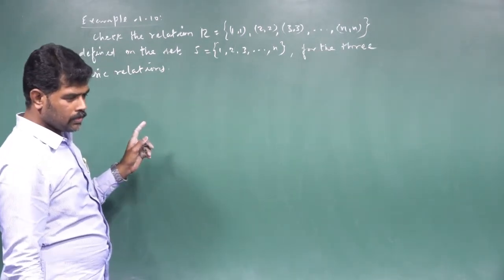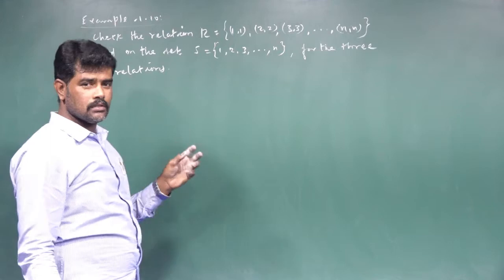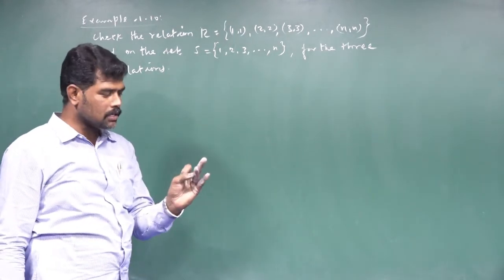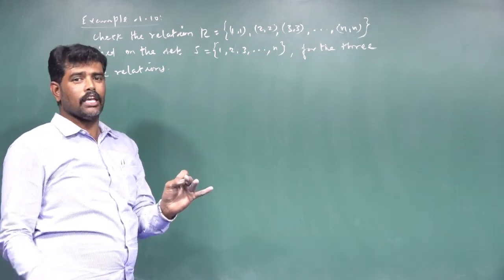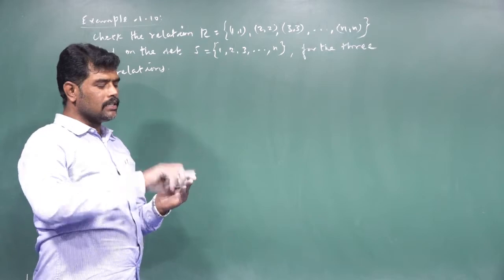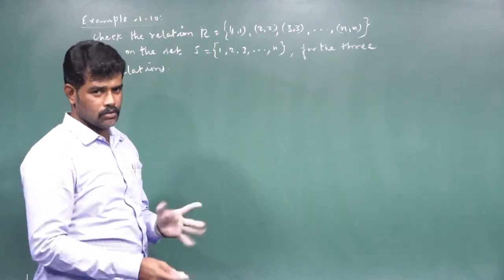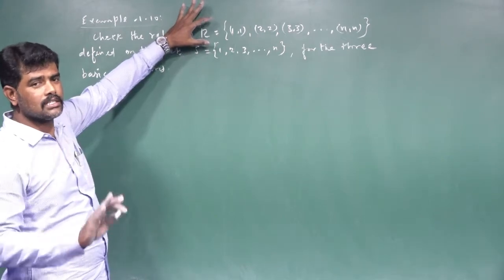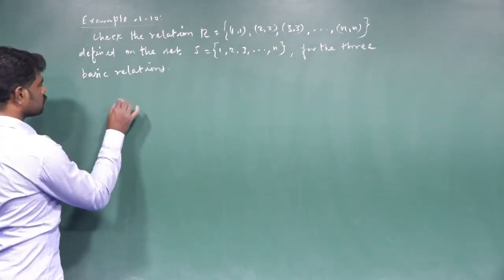Basic relations means nothing but reflexive, symmetric, transitive. If a relation satisfies all these three basic relations, then it is called an equivalence relation. Here we are going to verify whether this relation satisfies the three conditions or not.